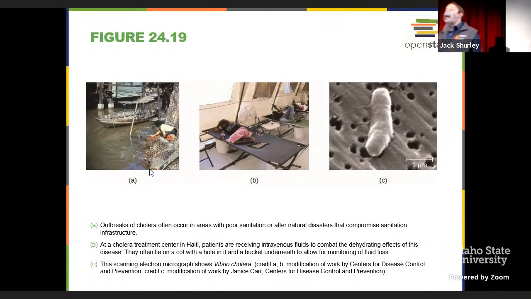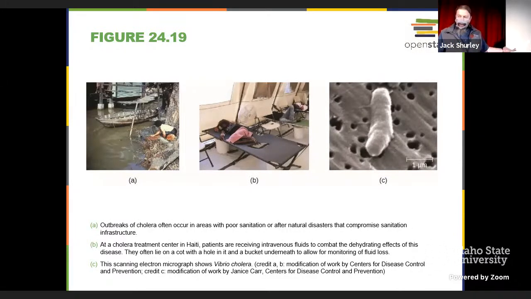A single gulp, a single mouthful of water has the potential to give you the million plus, or maybe closer to almost a billion bacteria that you need to actually become infected. That seems like an enormous amount, but really a single mouthful is all it is.